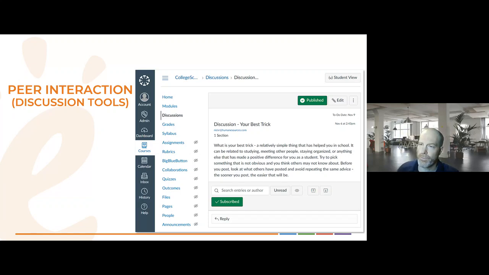And it also can help with other students, because once the student has put their information there, other students can learn from that. So this is a simple thing that's helped you in school. This is a great FYE type exercise. You may have seen something like this before, about what a student's tip or trick is for being successful in school. And the other part of this question is that it's prompted with some more information, rather than just saying, what's your best tip or trick, and then ending it there.